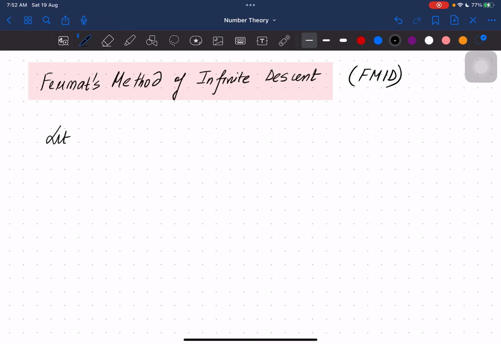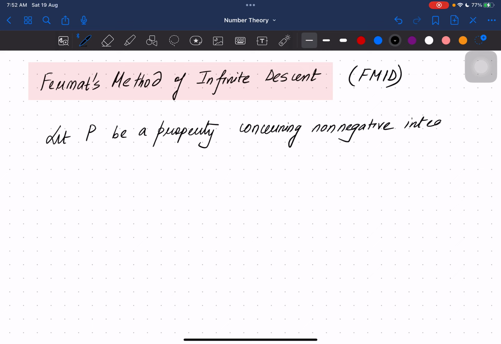So let P be a property concerning non-negative integers, and let Pn, where n is greater than or equal to 1, be a sequence of propositions.